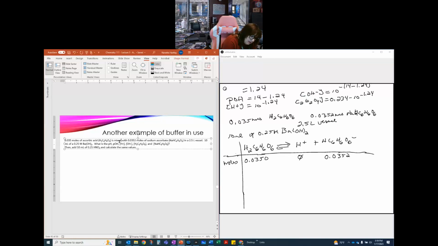And of course, if I have 10 milliliters of 0.25 molar Ba(OH)2, and I know that there are 2 moles of OH minus per 1 mole of Ba(OH)2, then that gives me 10 times 0.25 times 2, and I need to divide by 1,000 to convert to liters.